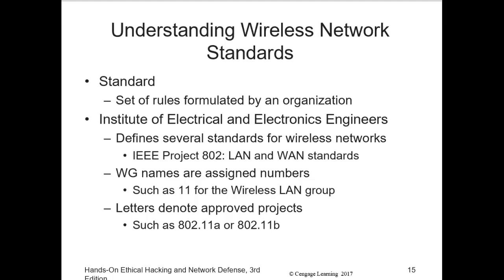The working groups assigned to Project 802 are also assigned numbers, such as 11 for the wireless LAN. And then they add letters to denote approved projects, such as 802.11. So 802 is the LAN project, and 11 is the wireless piece, and A is an approved project. And they're well beyond A by now. Okay, let's come back and talk more about this in a minute.